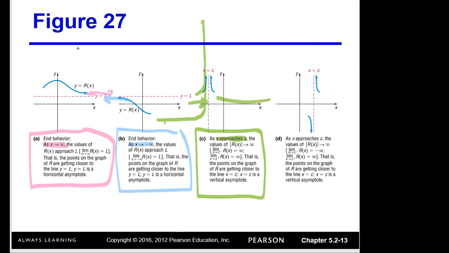It's kind of like running alongside a fence, and you can never get over that fence. You can never get through that fence. There's no hole in that fence. You have to run alongside it. And you'll get microscopically close, but you never touch it. And then that now has a vertical asymptote, which will be whatever x equals c is.